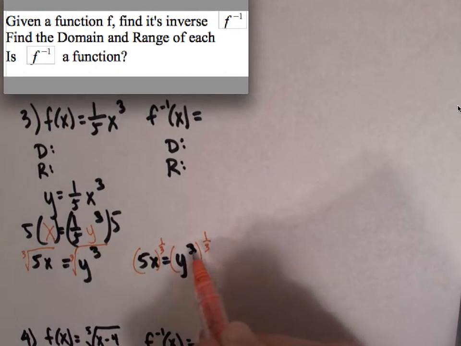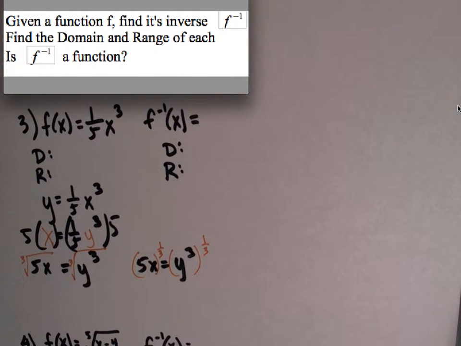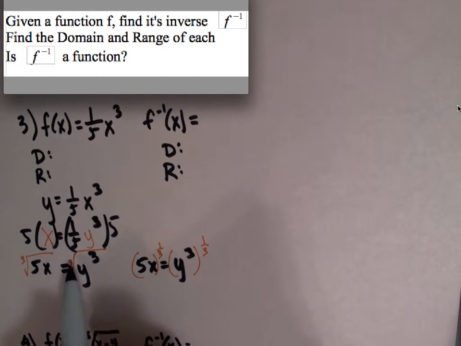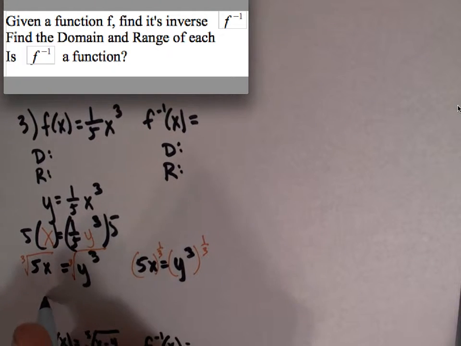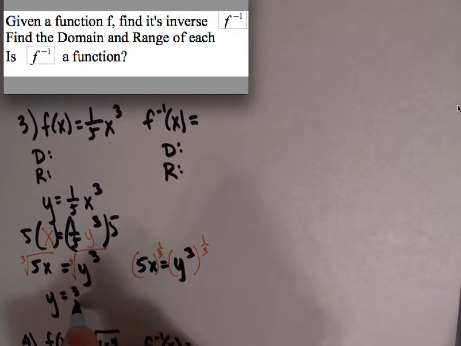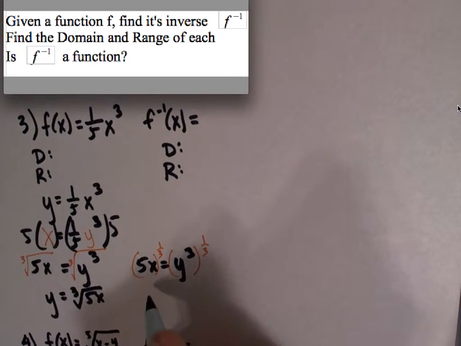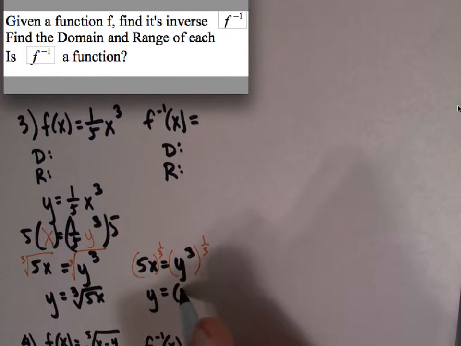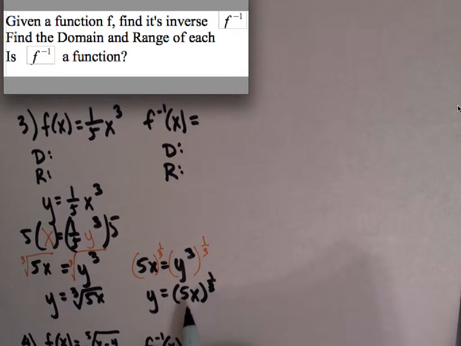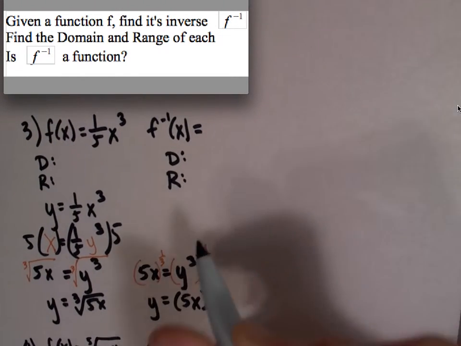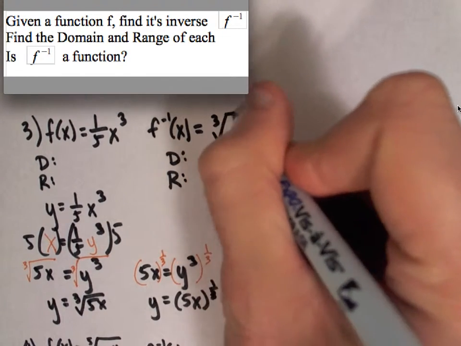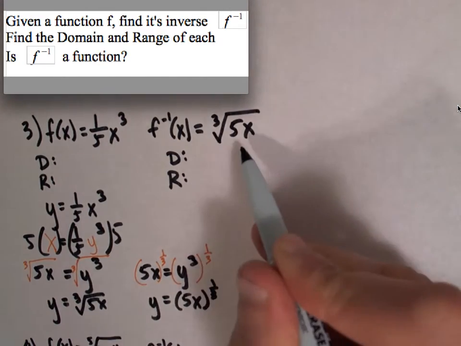Either way, because the 1/3 power is the cube root, it doesn't really matter. So we're going to get y equals the cube root of 5x, or y equals, in parentheses, 5x to the 1/3. These are the exact same thing. So let's go ahead and fill that in, cube root of 5x.